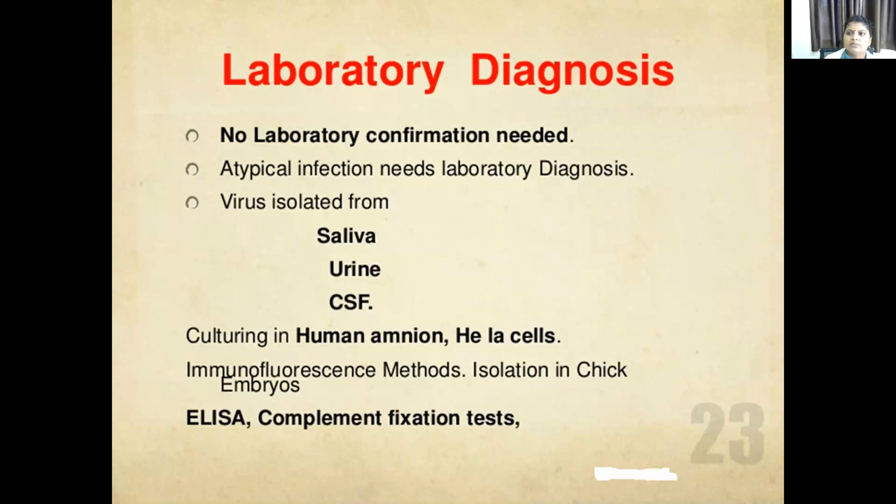The clinical symptoms themselves are evident, so no laboratory diagnosis is essential in such cases. The clinical picture shows that the person is suffering from mumps. If you see any atypical clinical manifestations, like if it involves the CNS, then a definitive diagnosis can be obtained by using the samples.